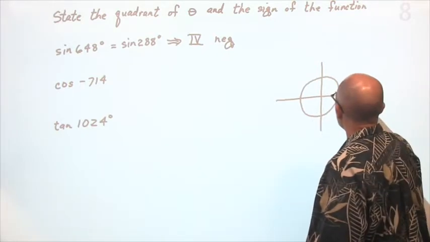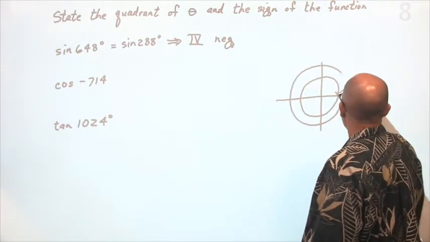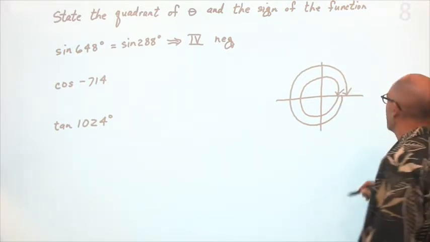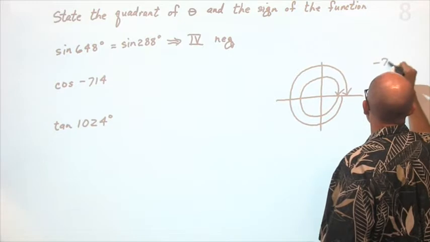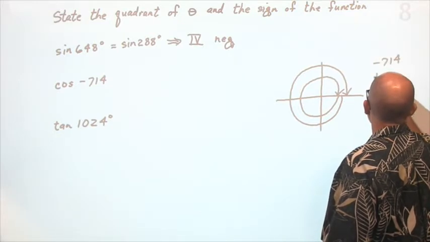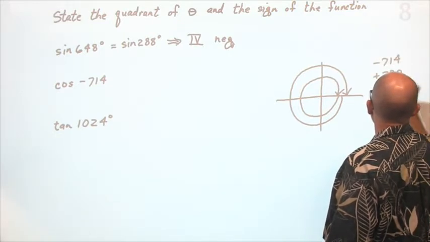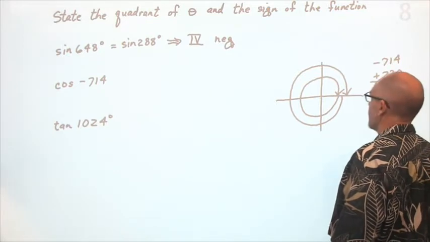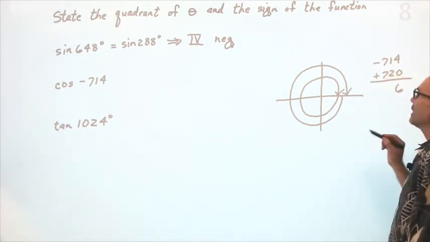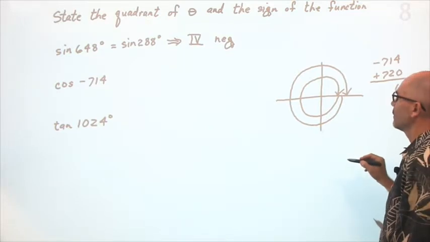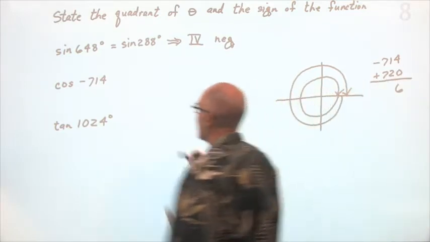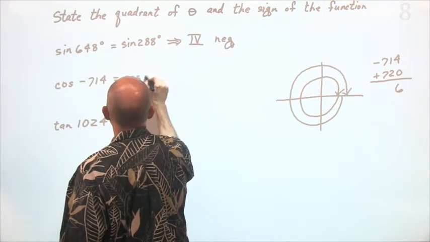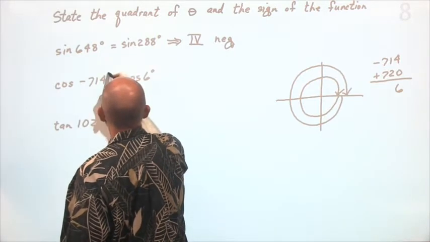So if I go a second time around, then I've basically added 720 to that. So I'm going to do -714 plus 720, and that is going to end up being 6 degrees. So cosine of -714 is cosine of 6 degrees.